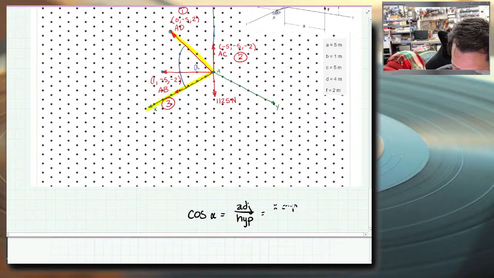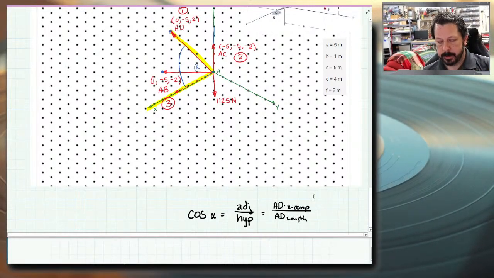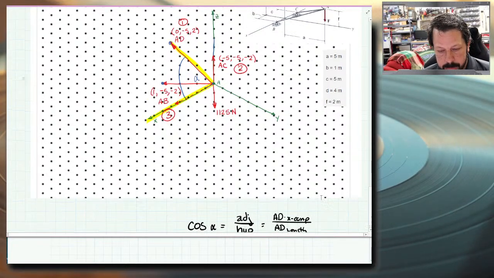Maybe I should put AD x component. Over the hypotenuse, which is AD length. And the x component is right here.